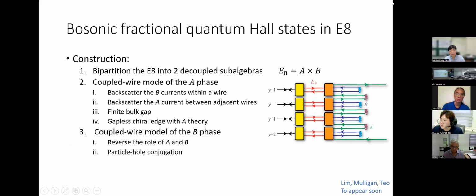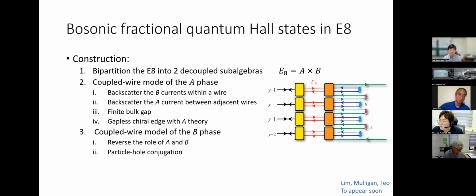I see. So in other words, there is a bulk-boundary correspondence where the bulk part is particle-hole conjugation, and the boundary part is really a coset construction from conformal field theory, where if I just look at this equation right here, the A theory is just E8 quotient B. It's just the E8 mod B coset.